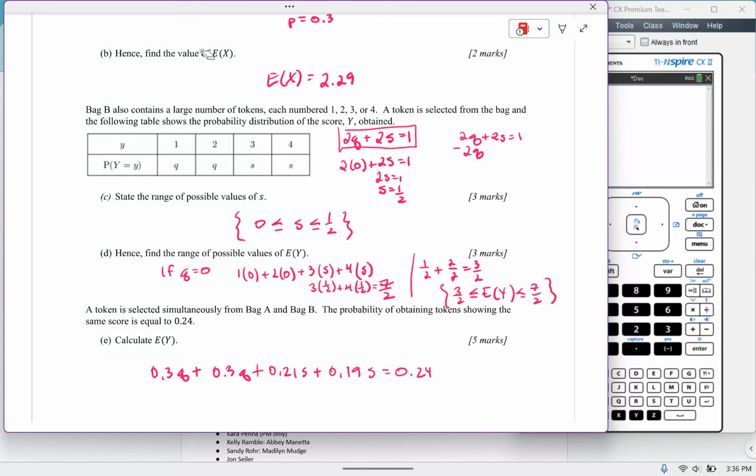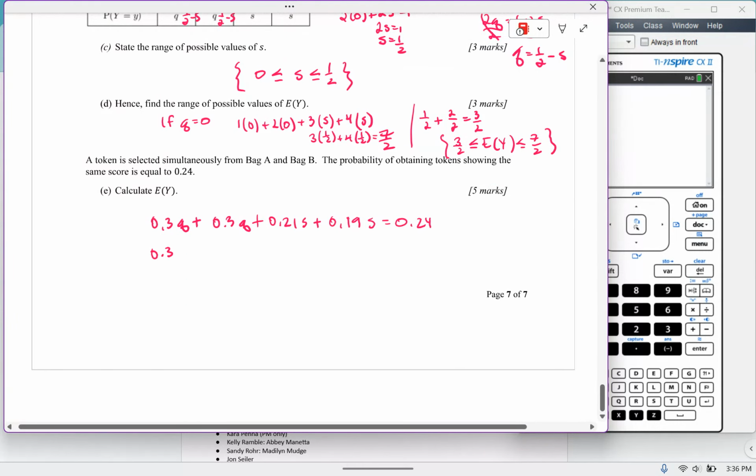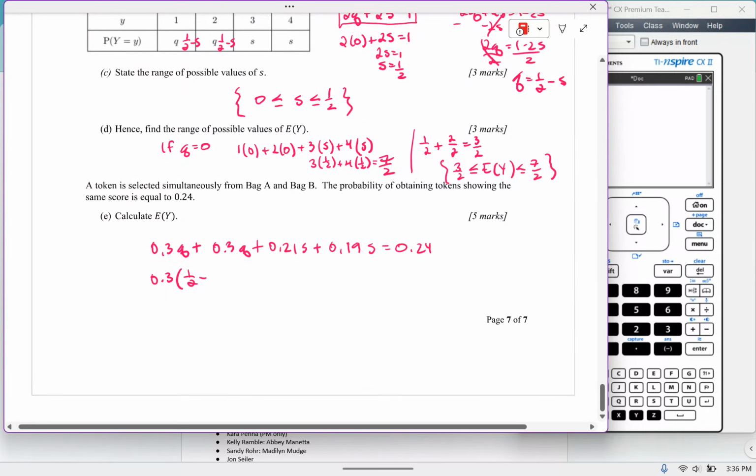Oh, wait, no. I want to do this. And then what do you think you should do with this gigantic equation with fractions? Should you try to solve it by hand or use nSolve?